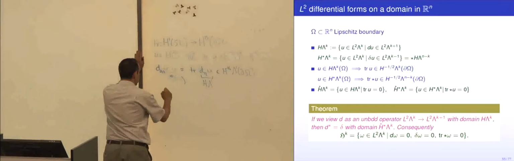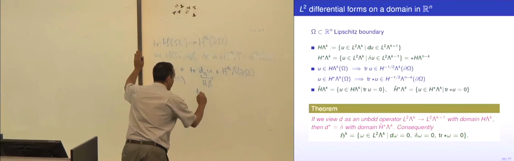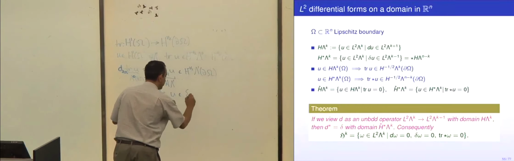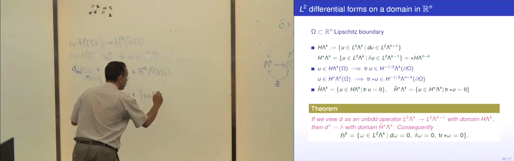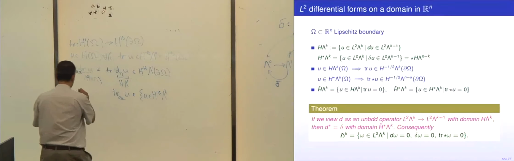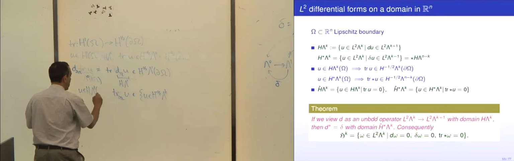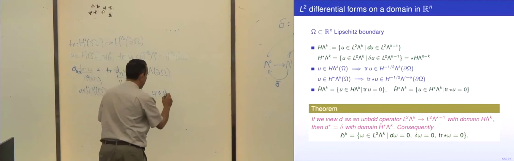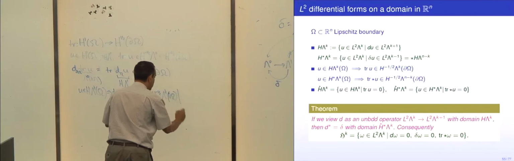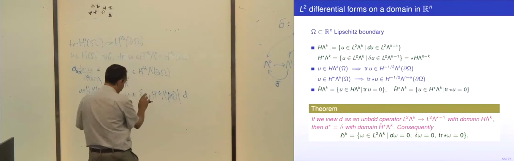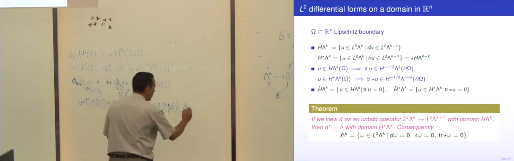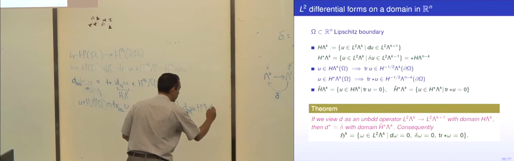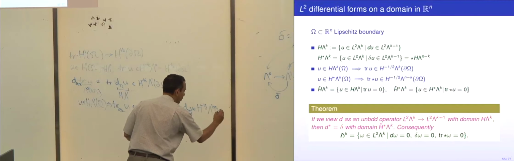What we just proved is that if u is in H Lambda k of omega, then the trace of u is in the set of things v in H minus 1/2 Lambda k of the boundary of omega, such that d on the boundary of v is in H minus 1/2 Lambda k plus 1 of the boundary of omega.